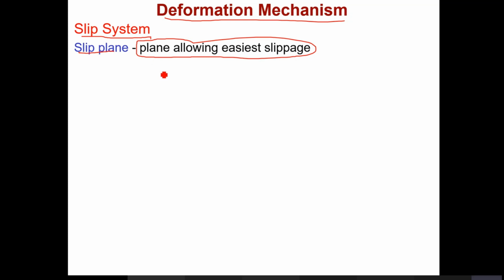What is the criteria for a slip plane? Slip planes are those planes that have wide interplanar spacing, that means the interplanar distance is largest, and they have high planar densities, that means the atoms per unit area of the plane is highest.